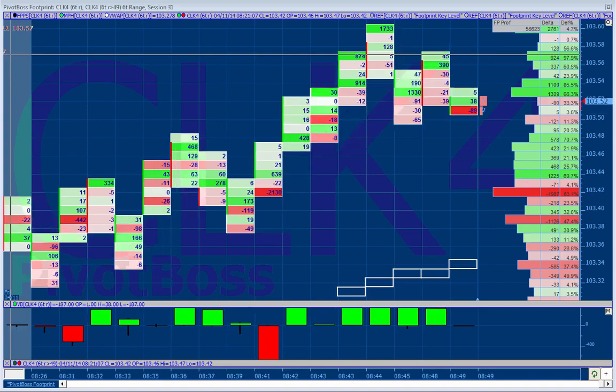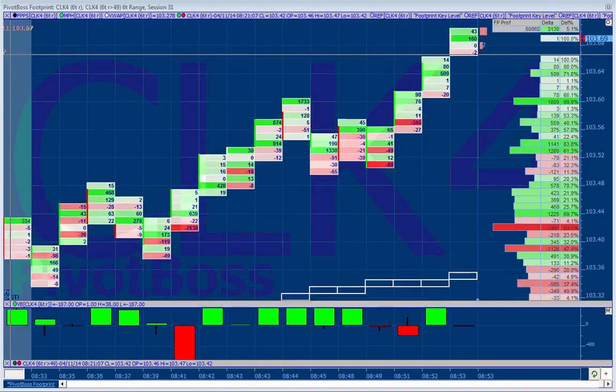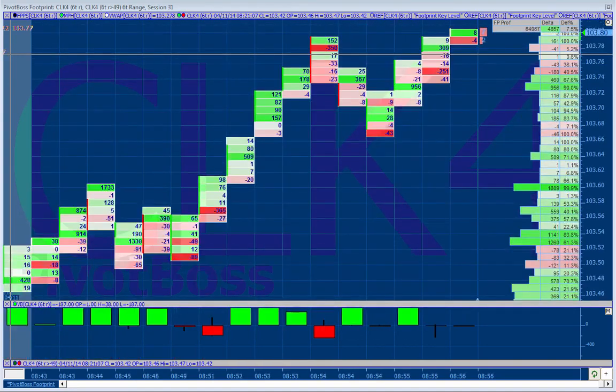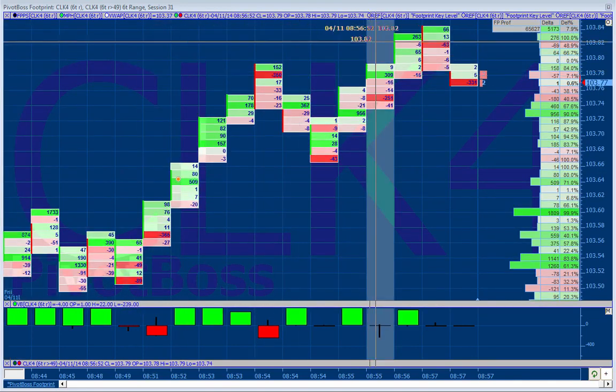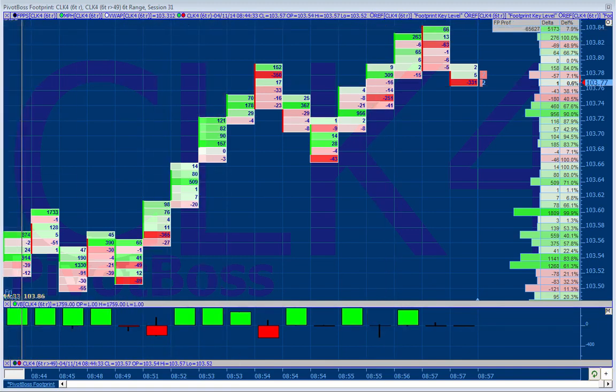Now here's a big buyer that comes in and price goes offered, but then sellers come in and look at price lift up. Let's go ahead and pause this for a moment. You have to look at how price handled this big buyer that came in. That buyer right there, 1,730 contract buy imbalance, and price goes offered.